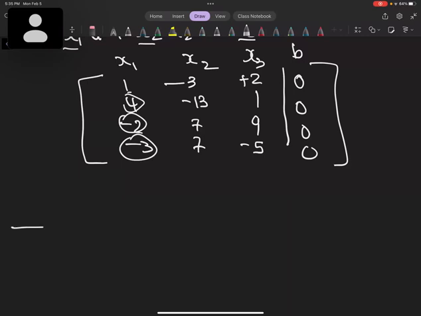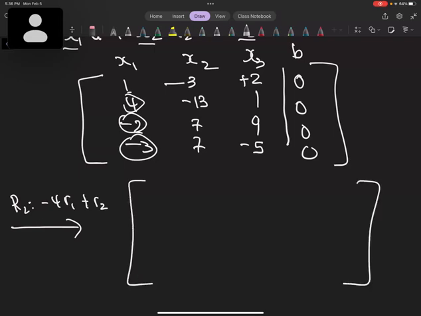So this might be long. Let's see. So row 2 is gonna be minus 4 times row 1 plus row 2. Minus 4 row 1, so that'll be 1, minus 3, 2, 0. And then minus 4 times row 1 is 0.